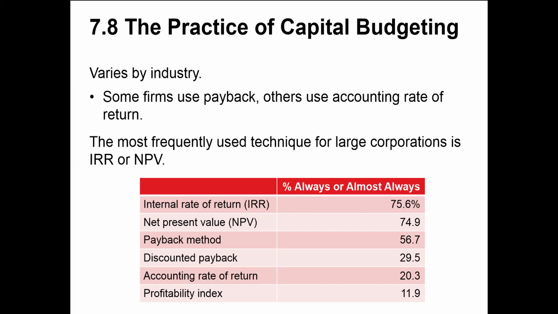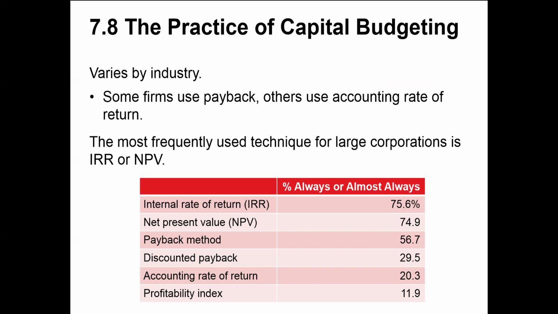All right, let me conclude today's class with the following table. The conclusion is that the use of investment criteria is very different. It varies by industry and by company.